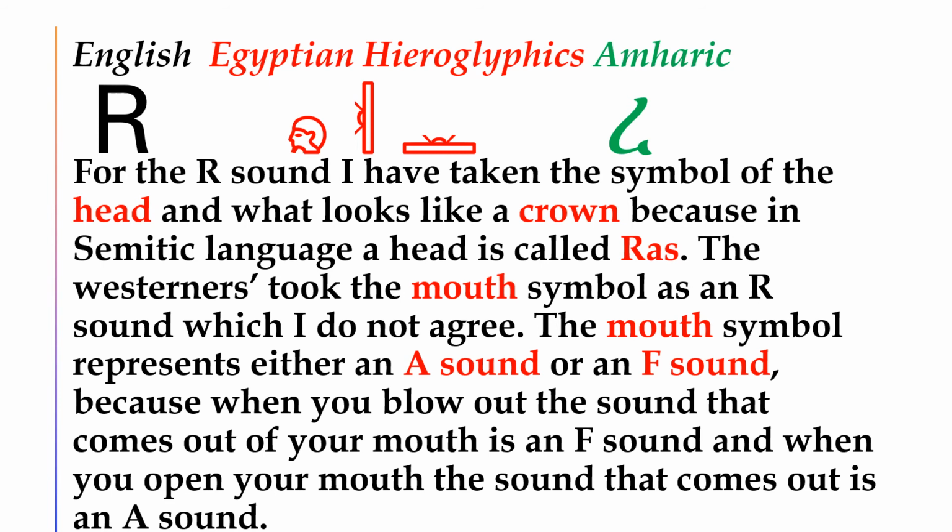It is an A sound, while from the Egyptian hieroglyphic symbols, it must be the head sign which has to represent the R sound, because in Semitic language, head means ras.